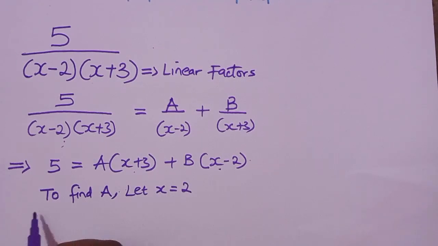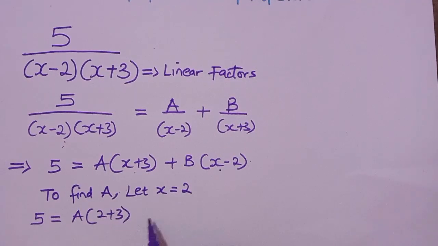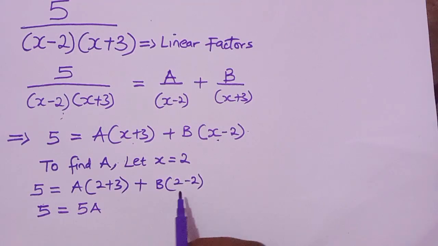So let's substitute. We have 5 equal to a(2 plus 3) plus b(2 minus 2). We have 5 is equal to 5a. The b term gives us 0. So a is equal to 1.